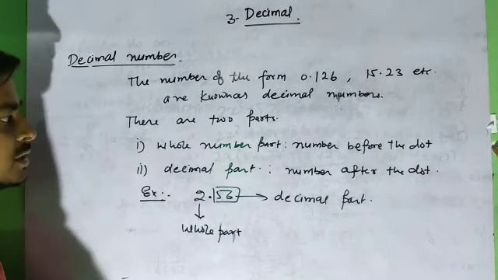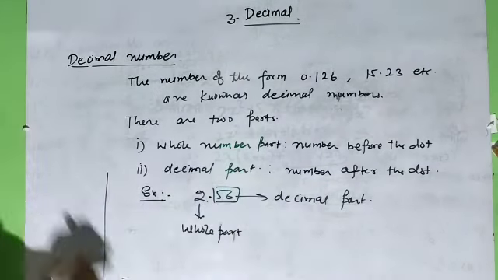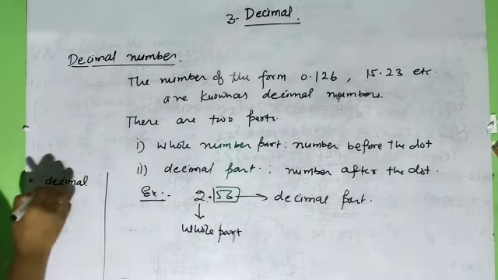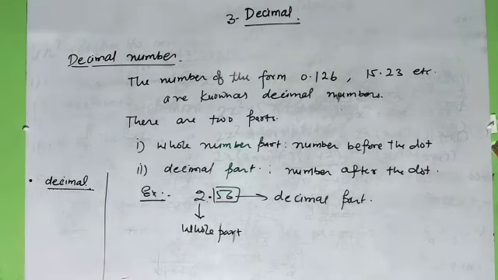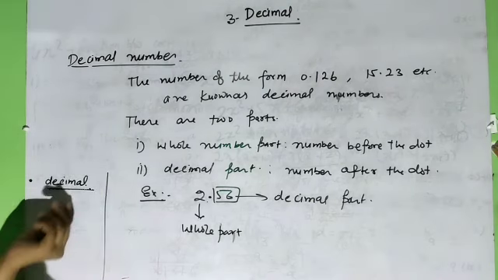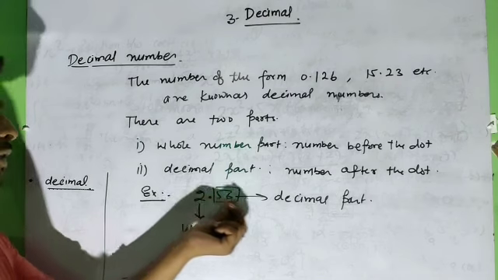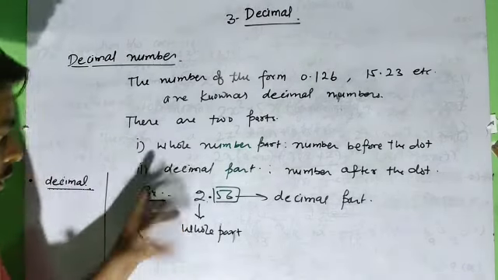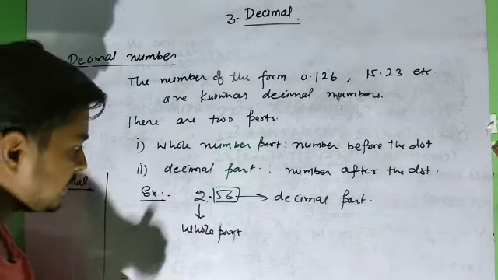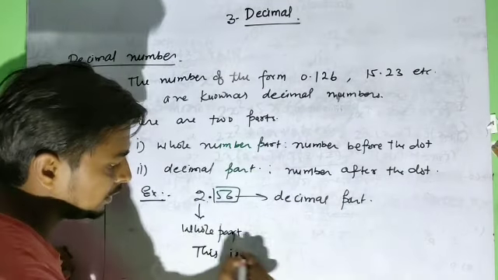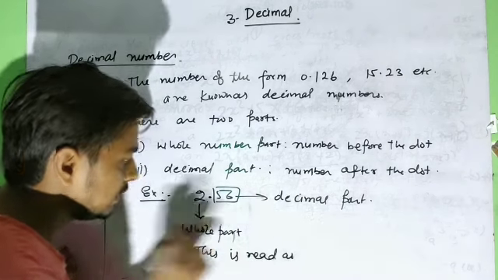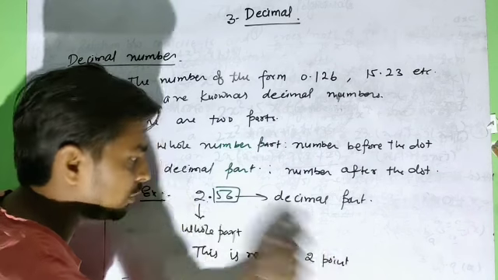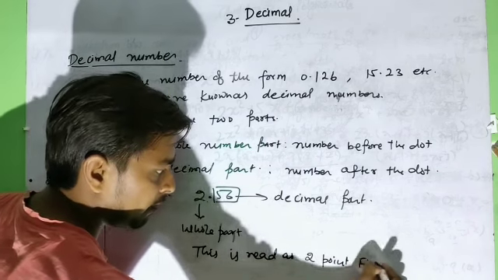You know very well this is the decimal point. You can note it somewhere: this is the sign of the decimal. 2.56 can be read as 2 decimal 56. This is read as 2 point 5 6.